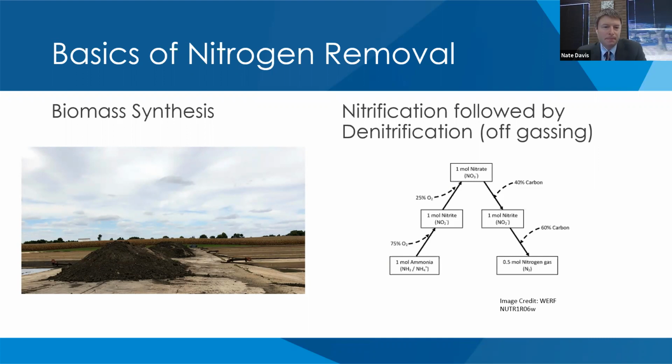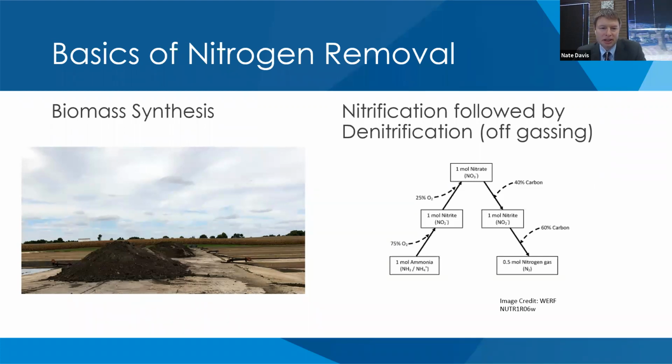So the thing about this is there's benefits to denitrification besides just meeting a permit limit. As we're removing ammonia, we need to use up 4.6 pounds of oxygen for every pound of ammonia that we're going to nitrify.